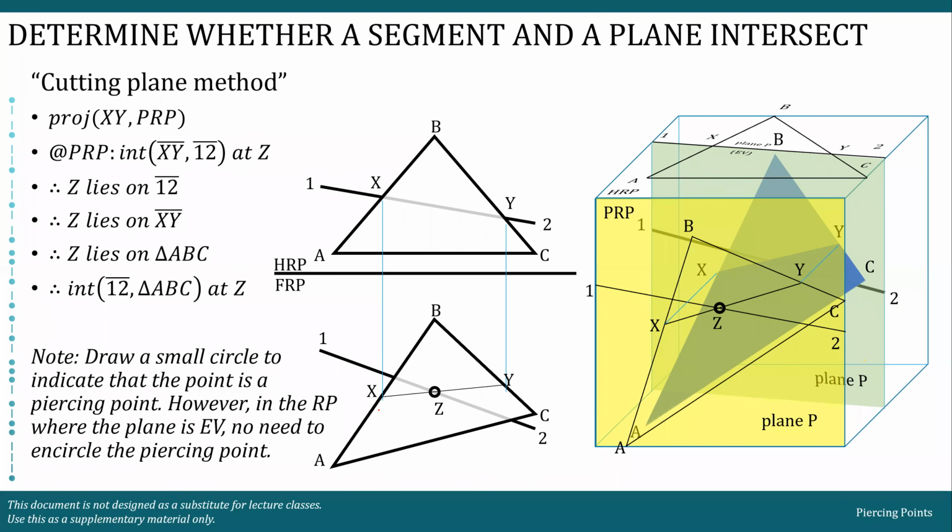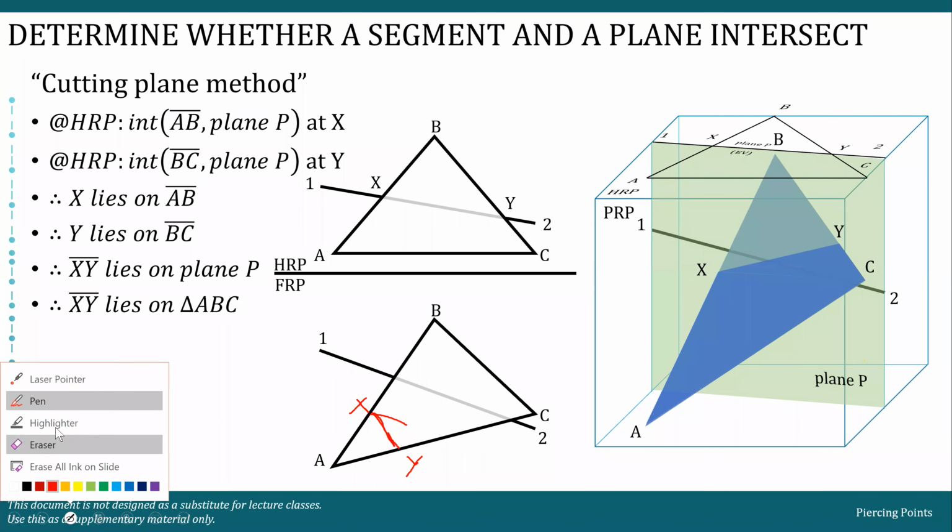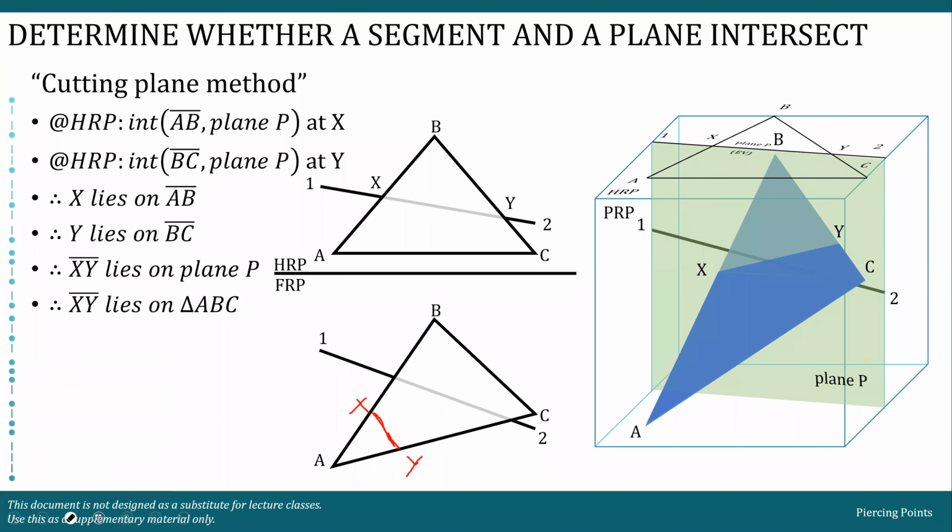Sabi ko kanina, kapag walang piercing point, pwede maging itsura ng XY ninyo something like this, di ba? Pag ganyan, wala kang makukuhang point Z. Let's say, kunyari, yung XY ko, pag ganito ko nakita, X, then Y. Okay?